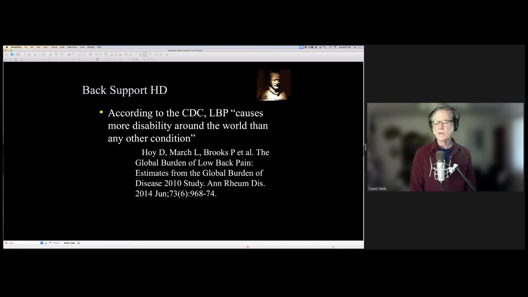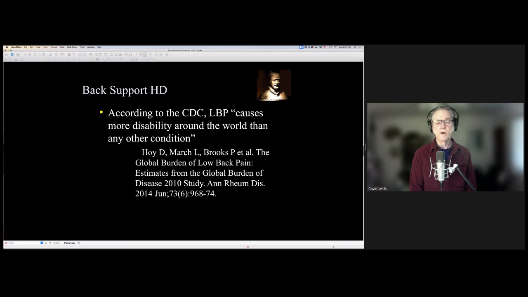So let's talk about lower back. The CDC says that low back pain causes, quote, more disability around the world than any other condition. So there's a huge amount of suffering everywhere. And many of your patients who are coming to see you for something else, maybe their anxiety, maybe their respiratory problem, their asthma, they ask around.